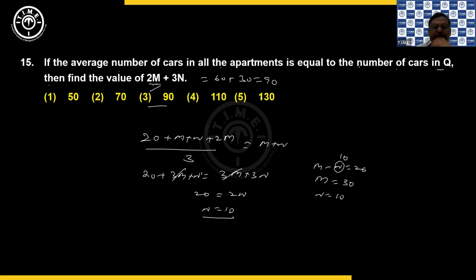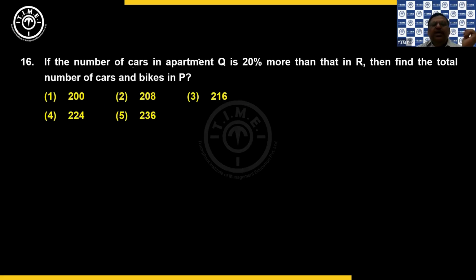So next one, friends. If the number of cars in apartment Q is 20% more than R. We said the number of cars in R is 20. We already calculated. Number of cars in Q is 20% more, which means 20% of 20 is 4 more. So cars in Q will be 24.